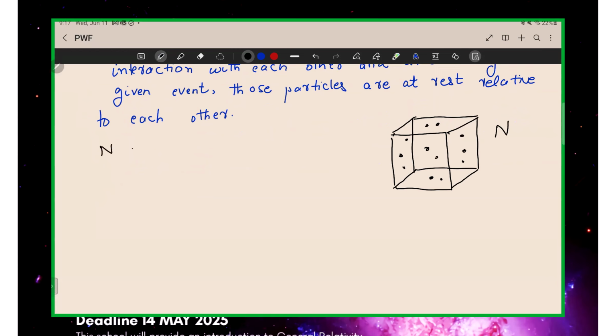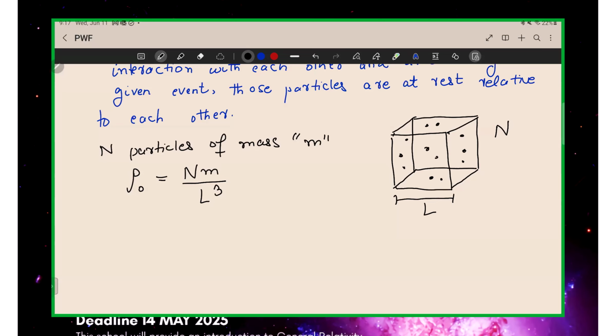So n particles of mass m, and they are in a cube of length L, capital L, right? Now, this is the frame in which the dust particles are at rest. Sure. Now, if I talk about the energy density that they have, or the mass density, whatever, I will call that rho naught. And naught means that this is in the rest frame. Well, this is simply n times m divided by L cubed.